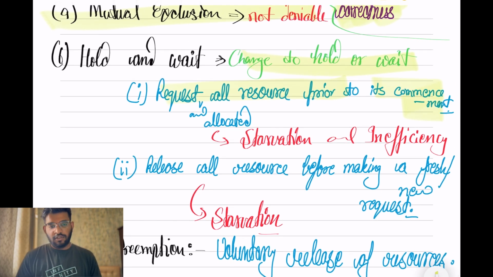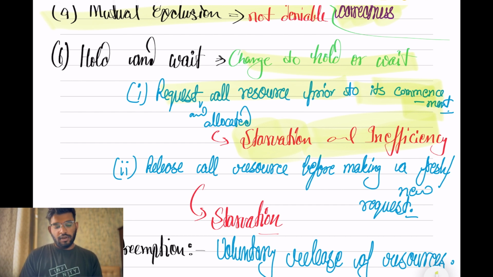Requesting all the resources prior to commencement will lead to starvation and inefficiency. Some process P1 wants a resource R10, but it is going to use R10 only in the last statement of the process.